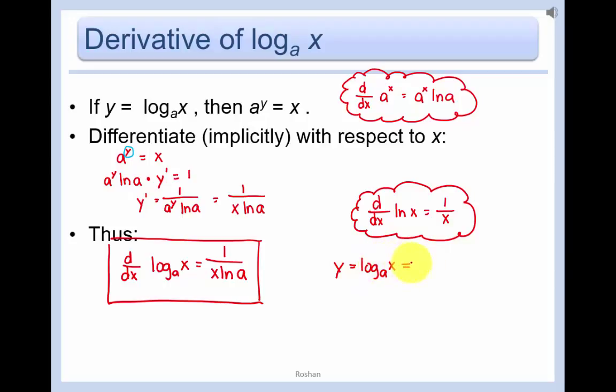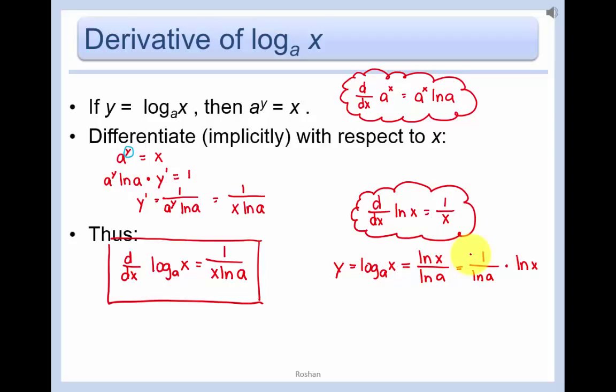If we use our change of base formula, we can say that equals ln x over ln a. And I'm just going to separate that out into 1 over ln a times ln x. Those two statements are equivalent, right?